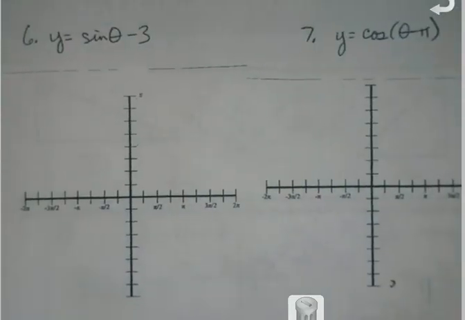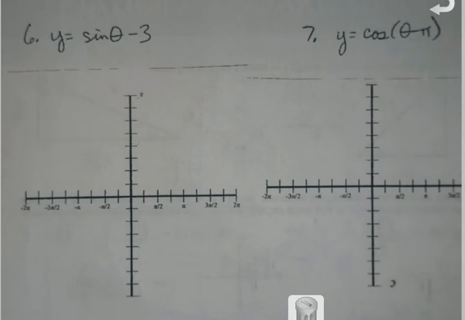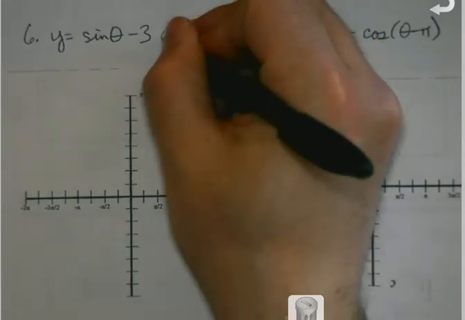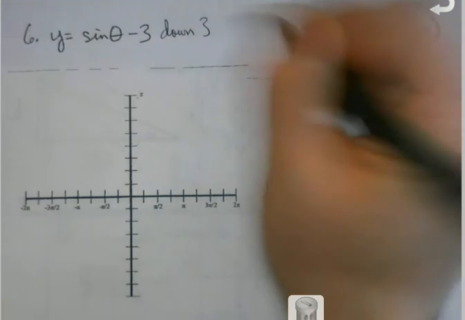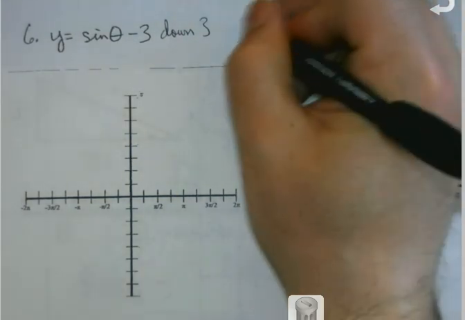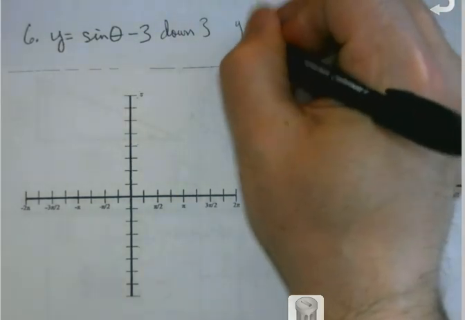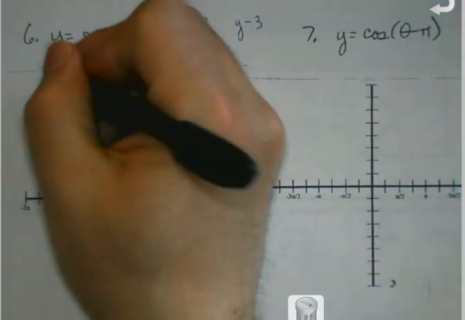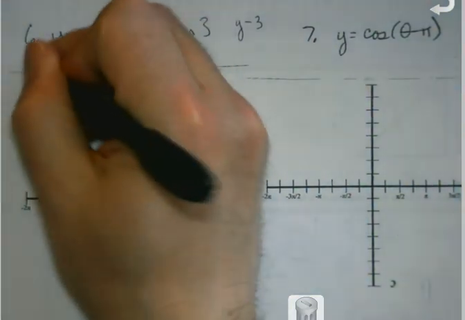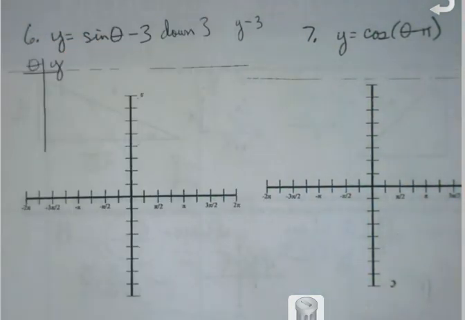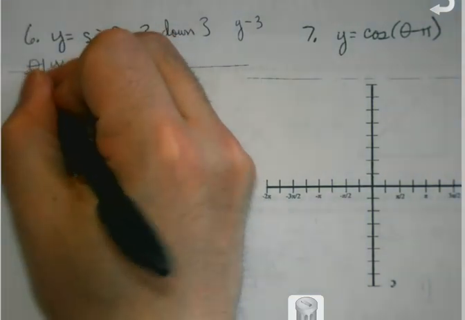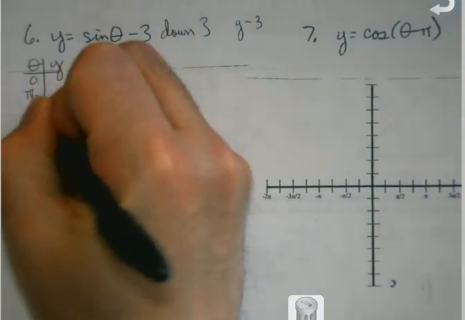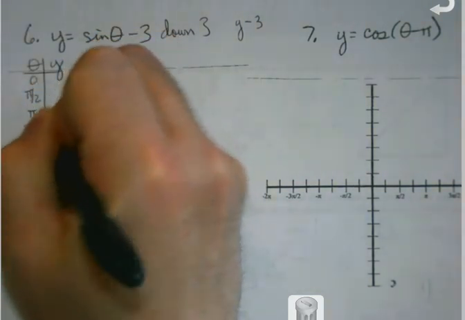Now life gets simpler. Sine theta minus 3. Minus 3, not in the parentheses. Which means we're going to shift down 3. Or in other words, we're going to take the y value and minus 3 from it. So my base values aren't going to change this time. So life is simple as far as that goes.